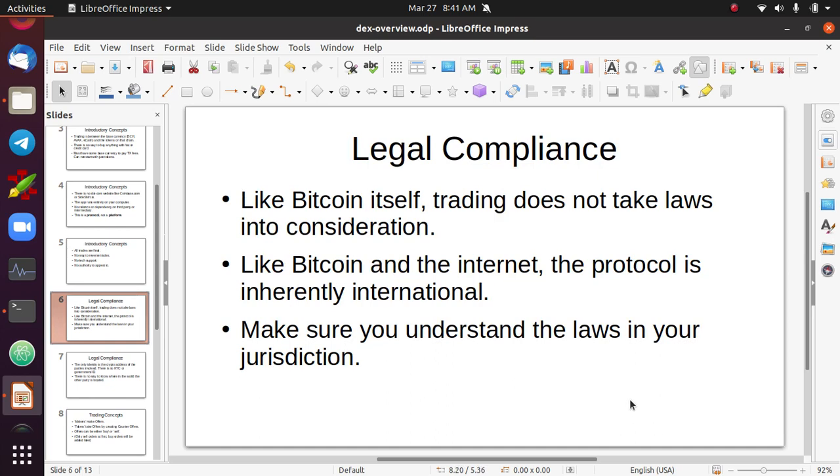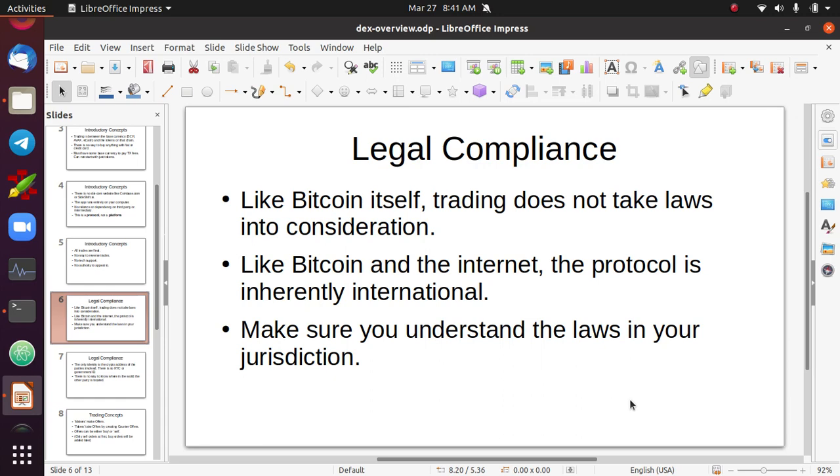So let me talk a minute about legal compliance, because that's going to be a big question on a lot of people's minds. And a lot of people aren't going to like the answers to those questions, but this is what it is. Like Bitcoin itself, the trading does not take laws into consideration. This is really an extension of the Bitcoin protocol. So like Bitcoin and like the internet, the protocol is inherently international.